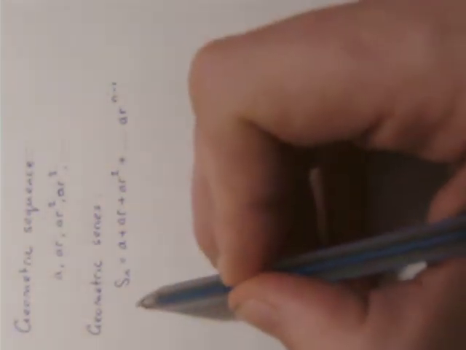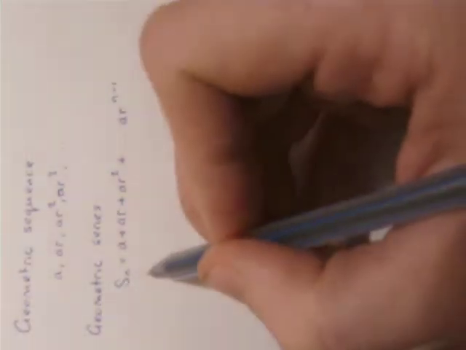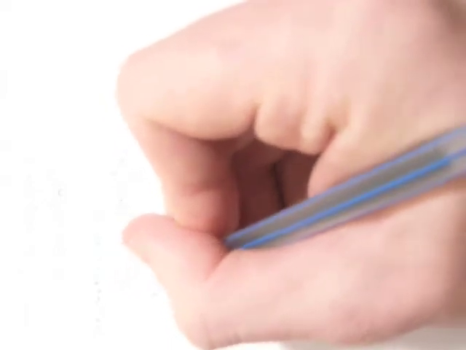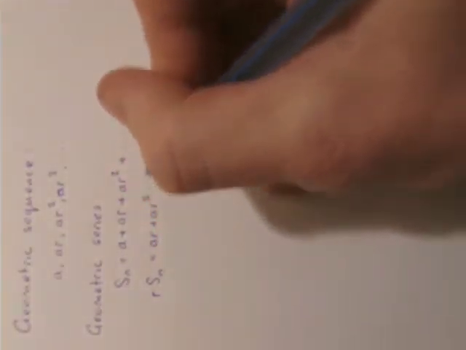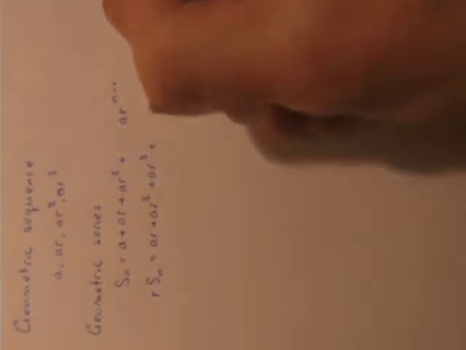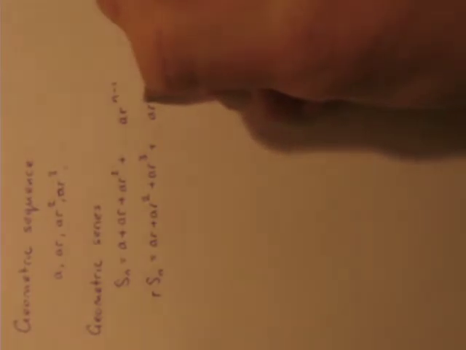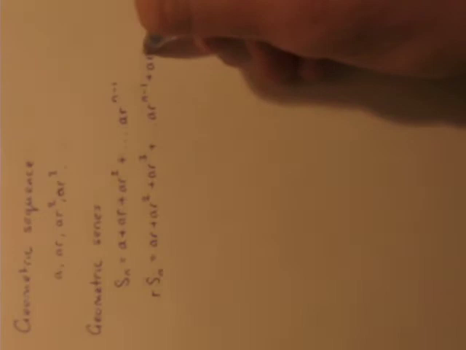Now, by means of a neat trick, we can come up with a much shorter formula than this for Sn. So let's see where it comes from. Suppose that we write down underneath r times Sn is equal to AR plus AR squared plus AR cubed all the way up to AR to the n minus 1 plus AR to the n.